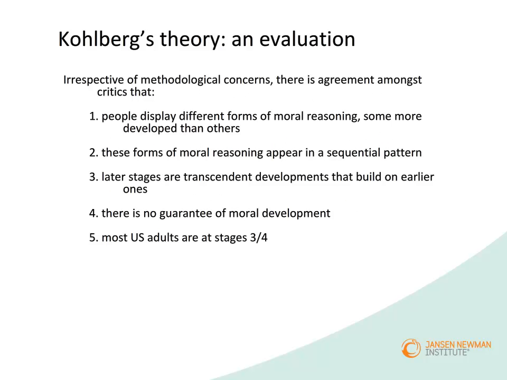So to summarize what Kohlberg offers, it's the idea that people display different forms of moral reasoning. And I think this is really important, apart from anything else, that when you talk about ethics, you can't assume that everybody comes from the same place that you do. You can't assume that people even come from the same level of thinking that you do.